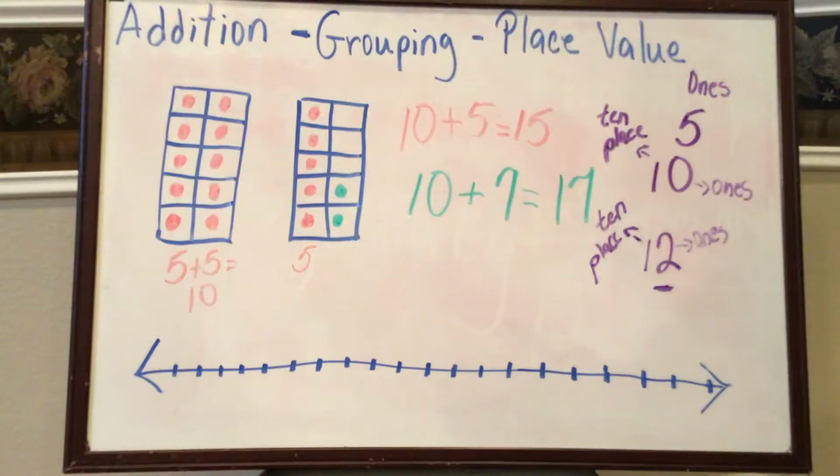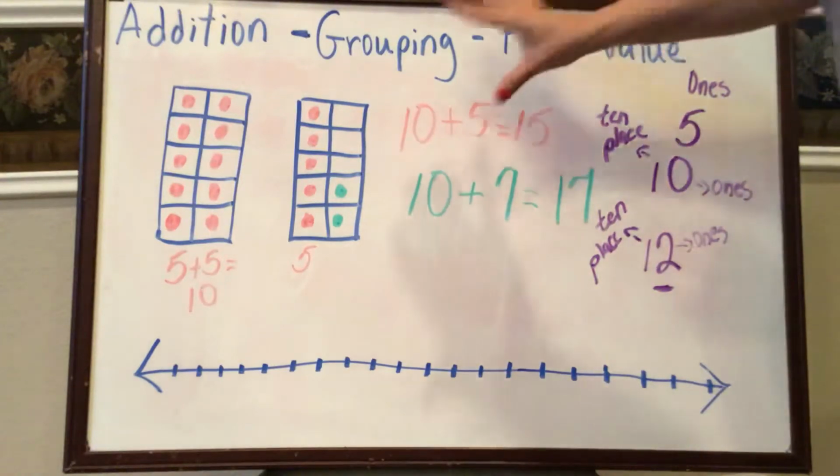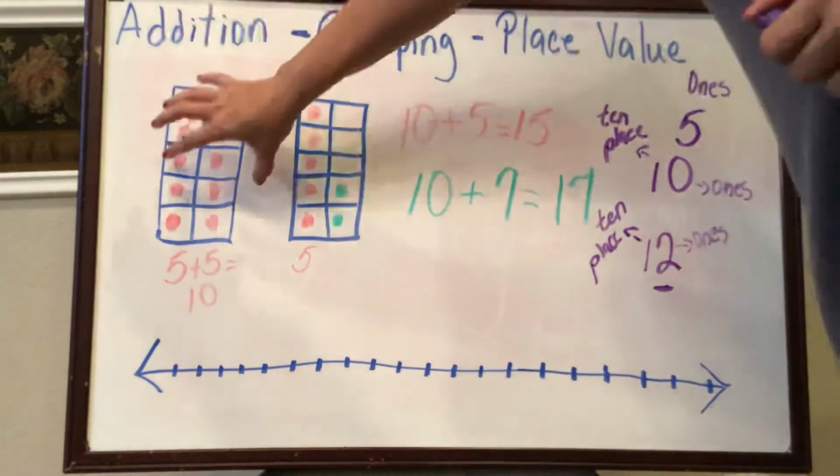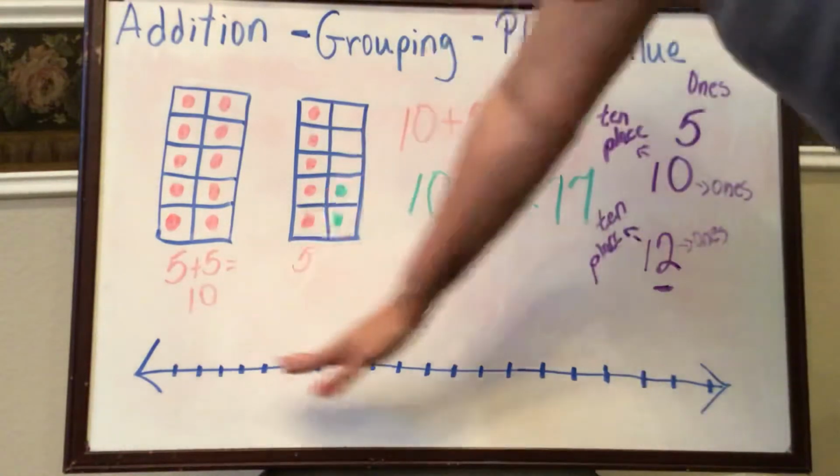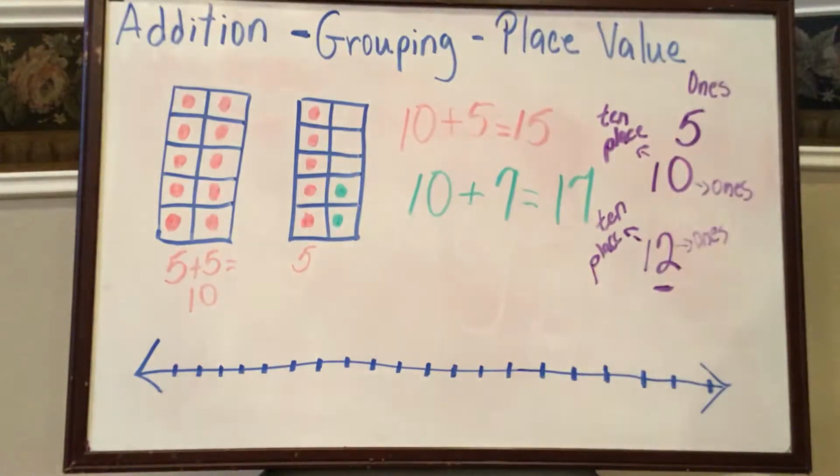Okay? Another thing that I'm going to show you today is how to do addition in a different way. We learned already how to add with grouping, and now here at the bottom I have a number line. A number line, we can use it also to add, okay?